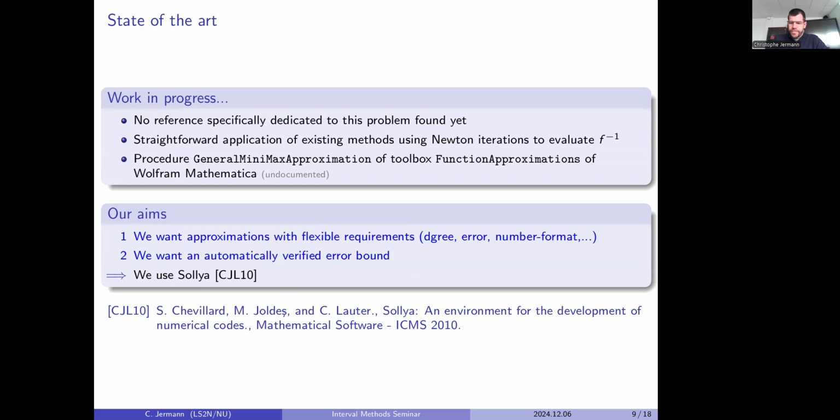So you can obtain very thin bounds and very good approximations using this software. I will show a bit later how we used this software in order to obtain our approximation.